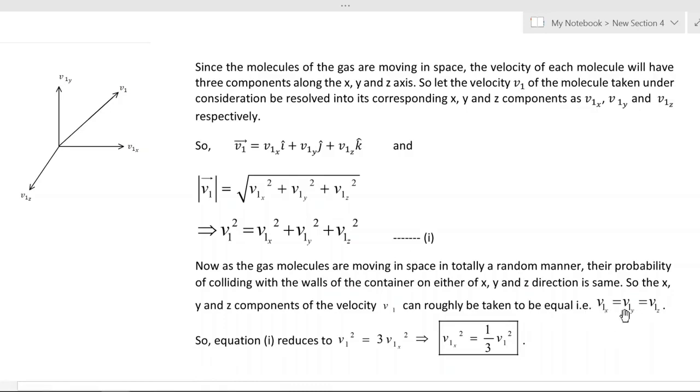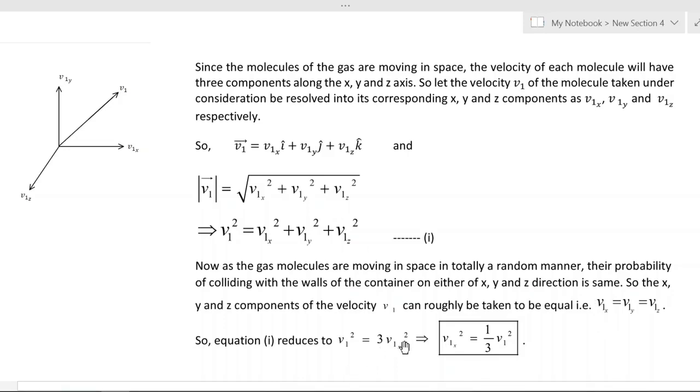So if v1x equals v1y equals v1z, then this particular equation, which I have named equation 1, can take the form v1 squared equals 3 times v1x squared, because in place of v1y and v1z I put v1x.